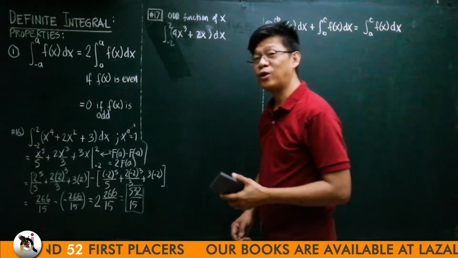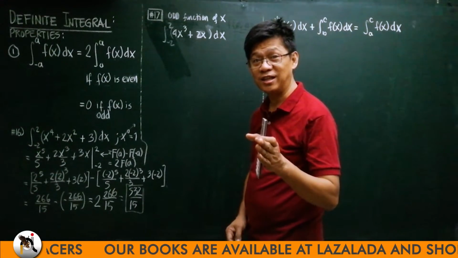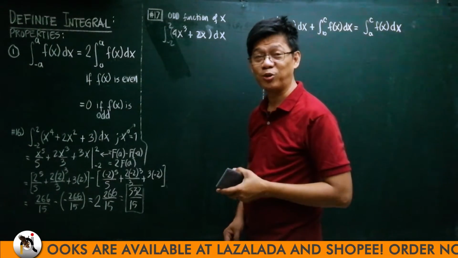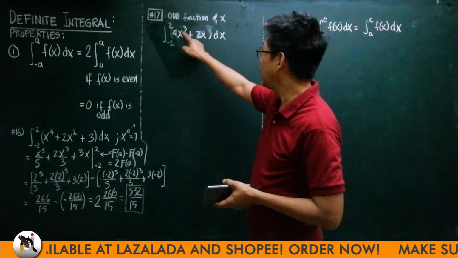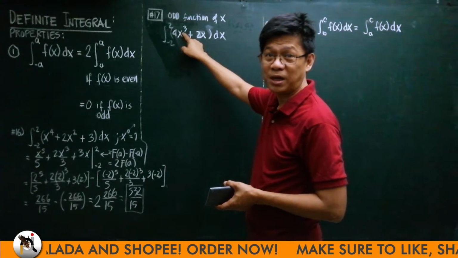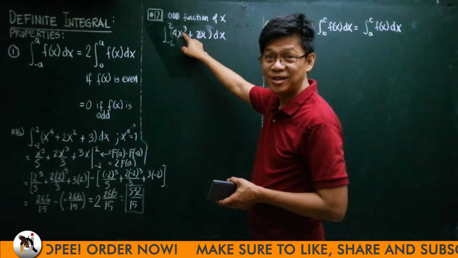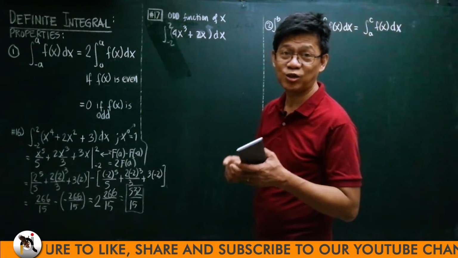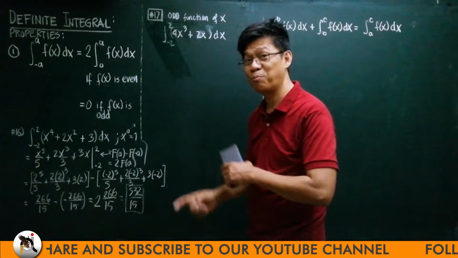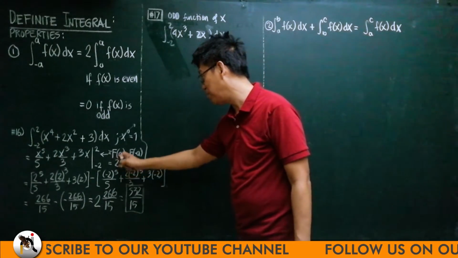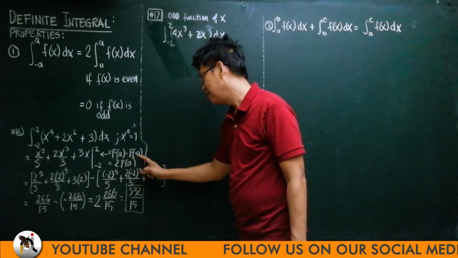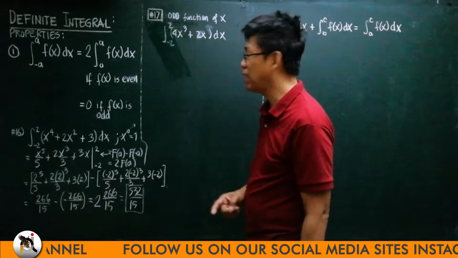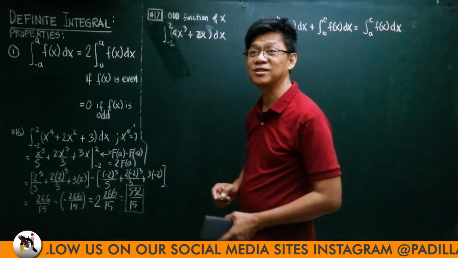So, remember, when we integrate, we add 1 to the exponent, right? So, the odd power will become even. So, if it is an even function, the function of x equals the function of minus x. So, this will be equal, no? So, what will happen is you subtract equal, the answer is 0.